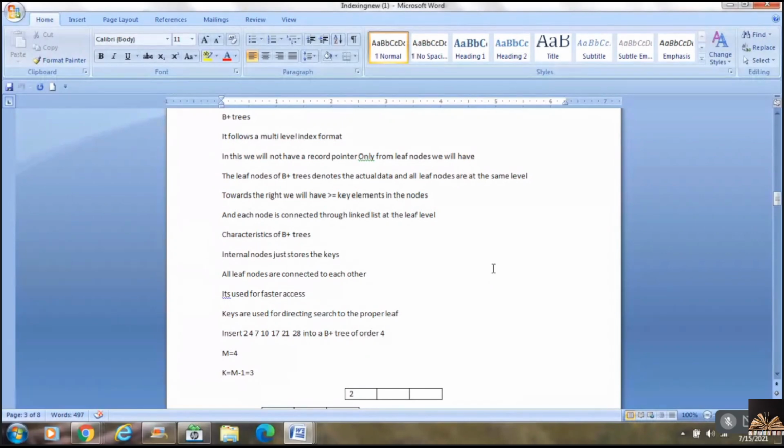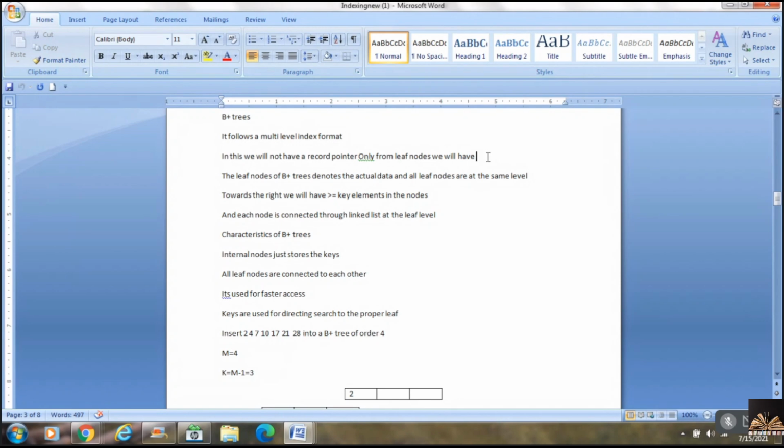The nodes would be the keys which would be pointing to the actual data. Okay. Now, this is a brief introduction about B plus trees. In this, we will not have a record pointer only from the leaf node. We will have the actual data in the leaf node.